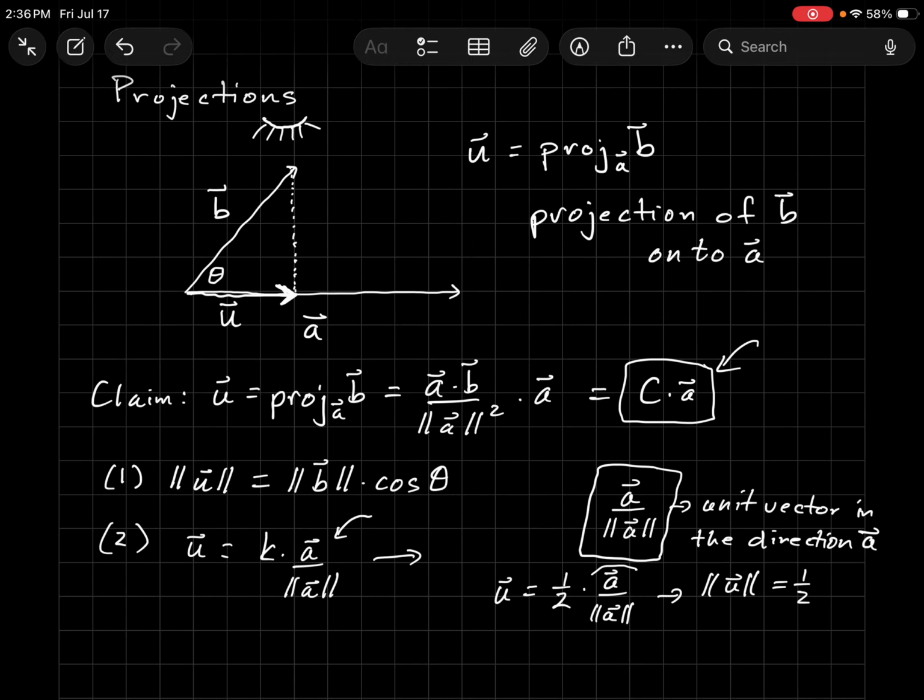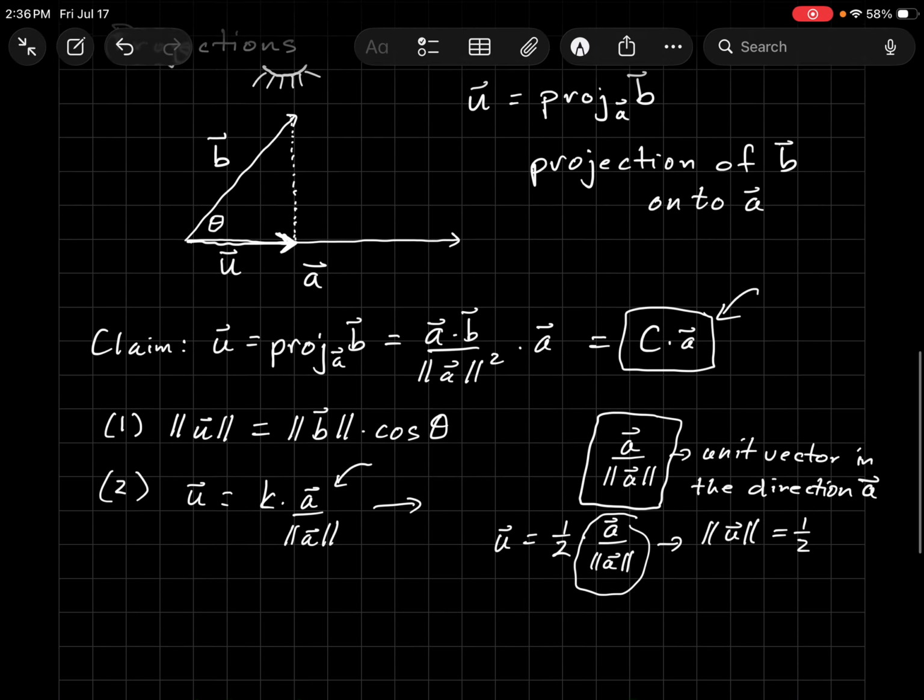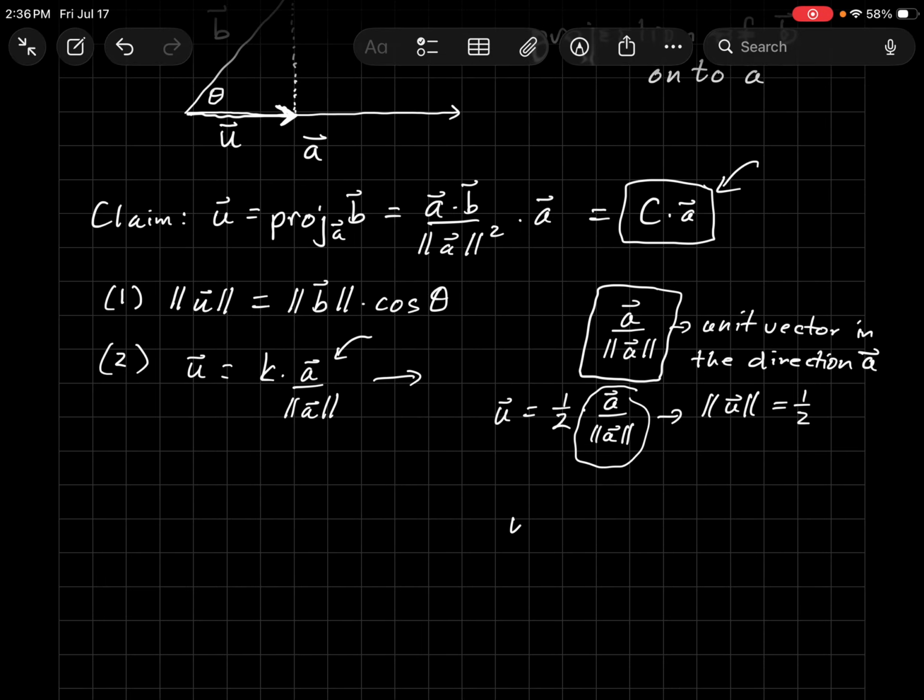Because the magnitude of this portion is always 1. Or U could be 2 times A over the magnitude of A, which would mean that the magnitude of U is 2, right?